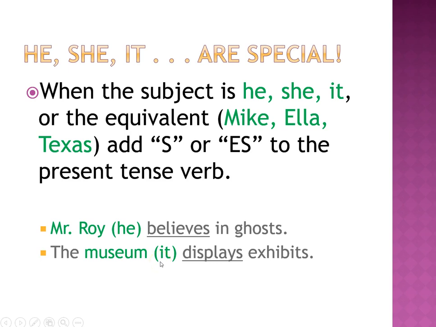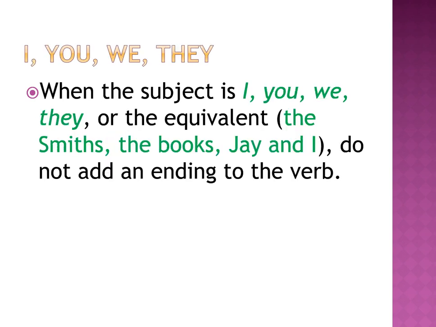It is one of our special pronoun subjects that takes a verb that ends with S, so we know that displays is correct. Now, of course, these two sentences sound right to us because we're accustomed to hearing correct subject-verb agreement in spoken language. But it's always great to substitute a pronoun for the subject just to double-check yourself.